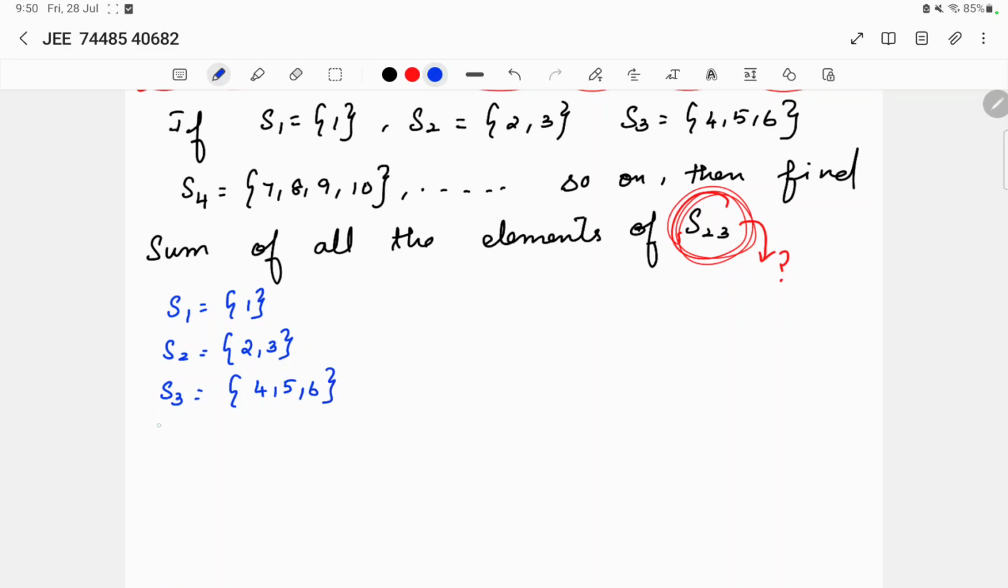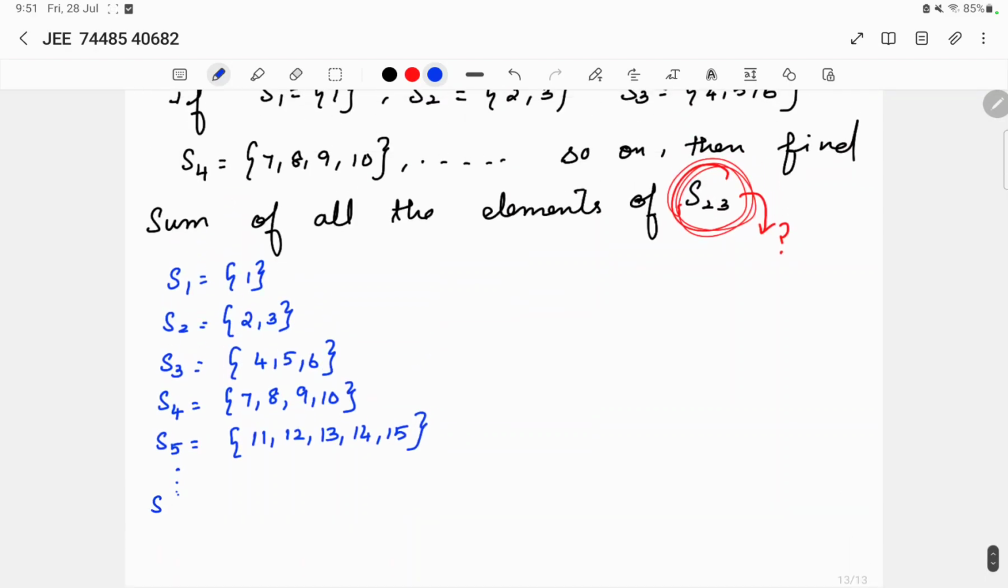Then S4 will be equal to 7, 8, 9, 10. As well as S5, like this I cannot write till S23, it will be a very big number. So we don't have that much time in the JEE exam. So S5 will have 5 terms: 11, 12, 13, 14, 15. So like this it keeps on going.